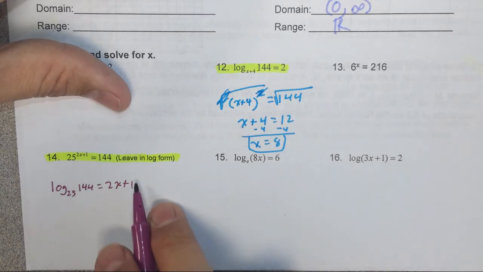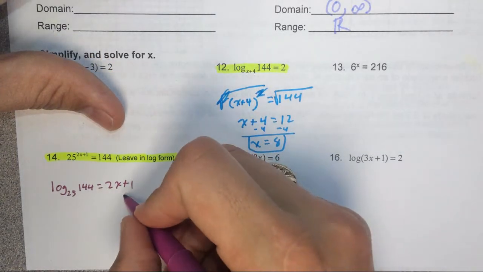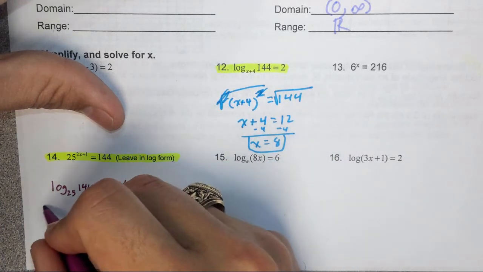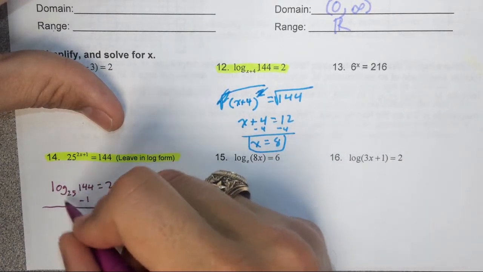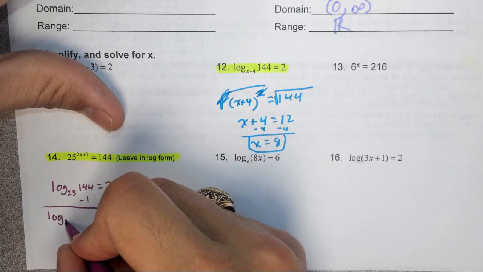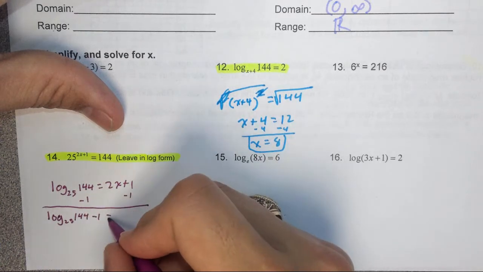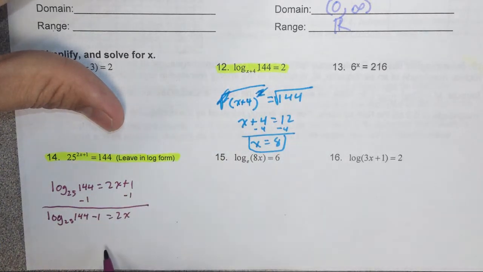I get rid of the 1 first, that's a plus or minus. Then I worry about the multiplication. So I subtract 1, subtract 1. These are not like terms, so I'm going to leave it. Log base 25 of 144 minus 1 equals 2x.